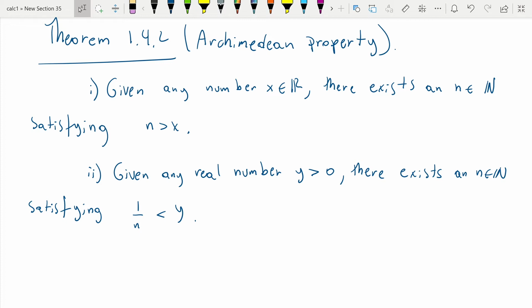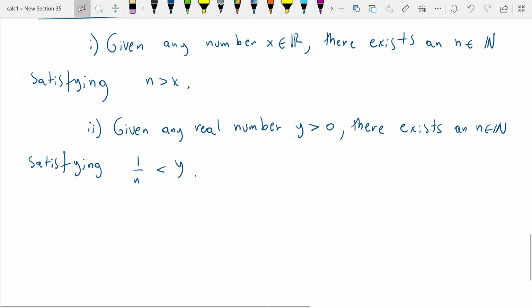The second statement is that statement. If you think of y as being epsilon, given any y greater than 0, n times epsilon is going to be greater than 1 for some n.